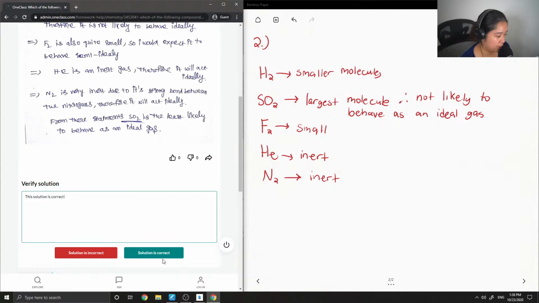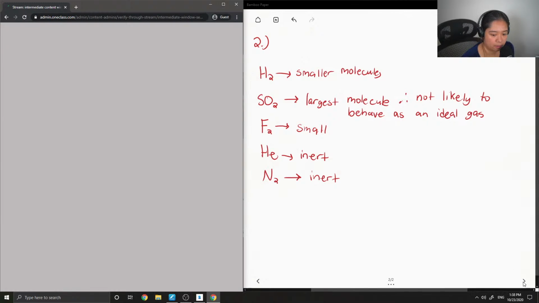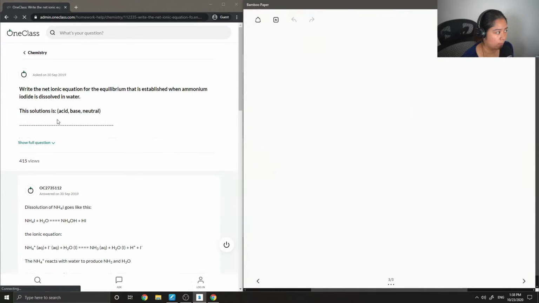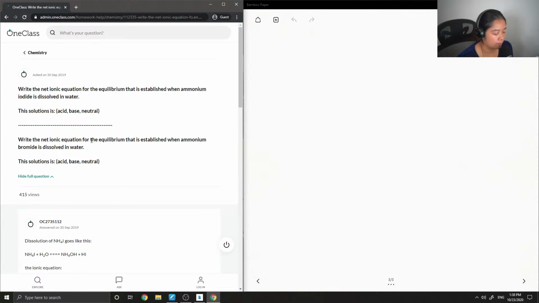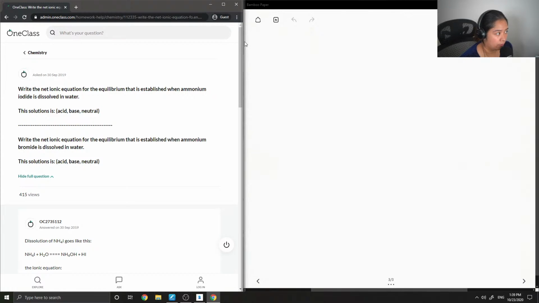Okay, so let's move on to question number 3. Write the net ionic equation for the equilibrium that is established when ammonium iodide is dissolved in water.